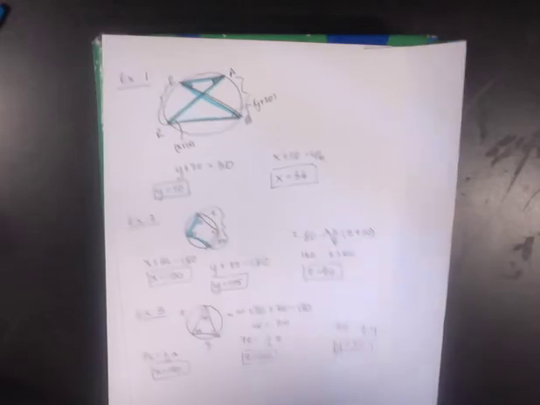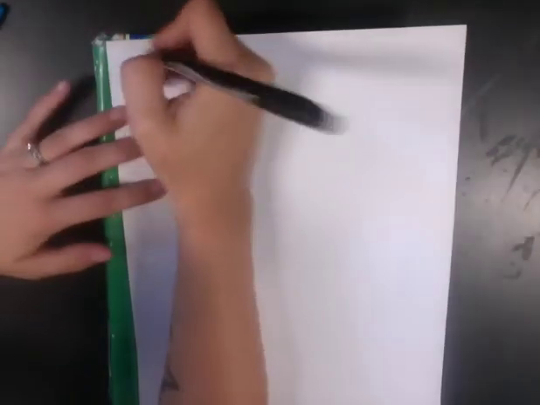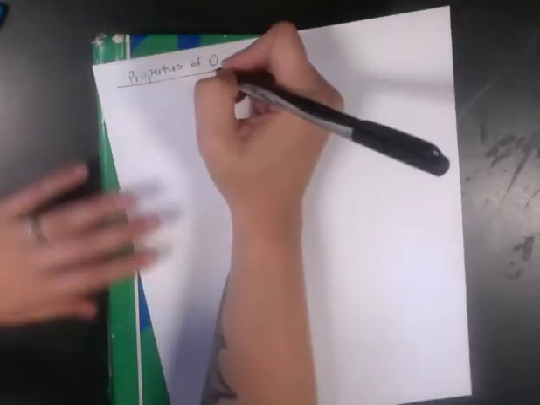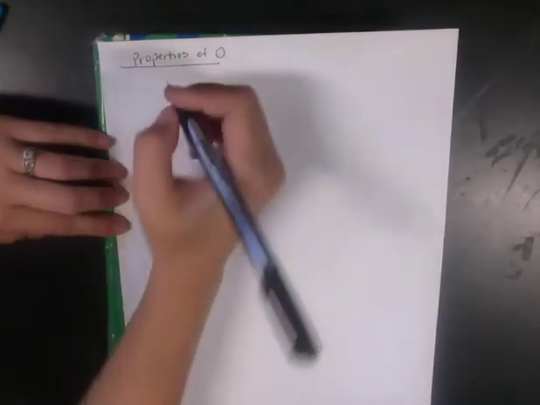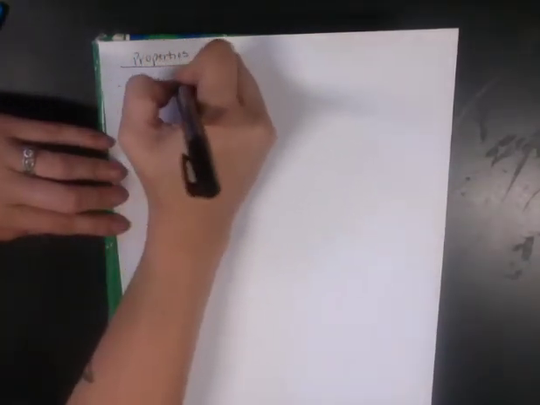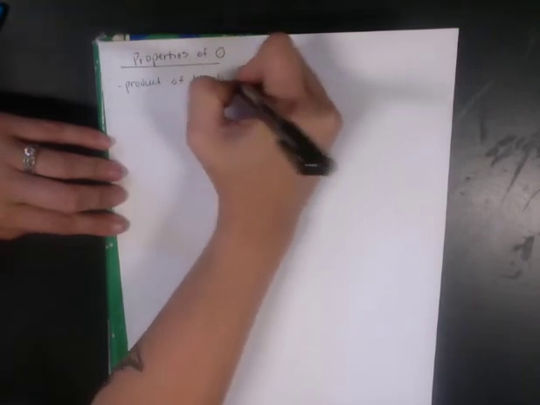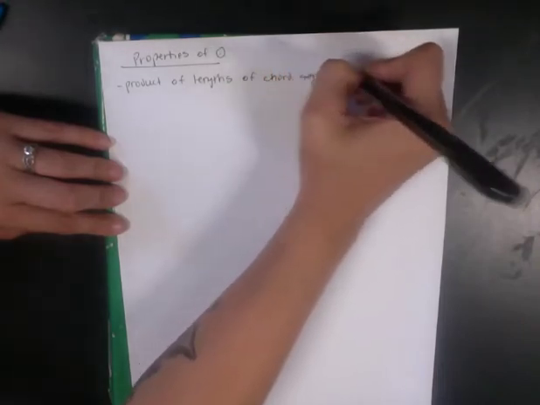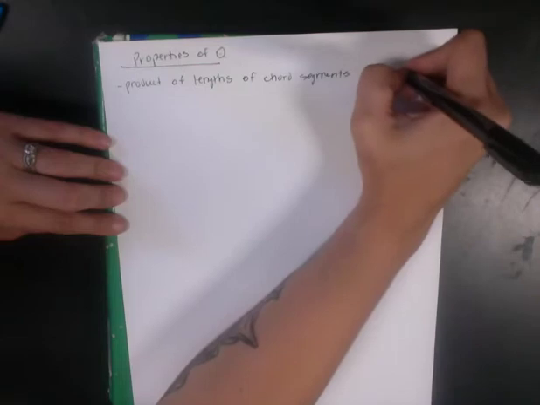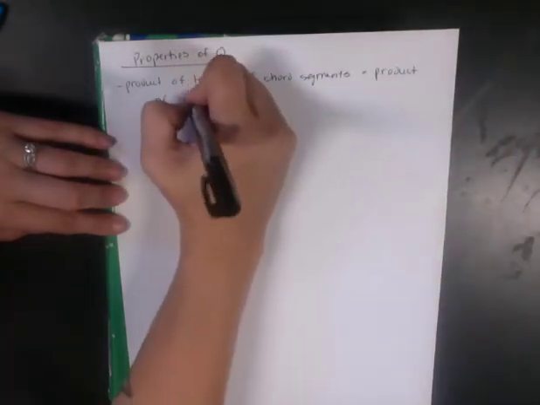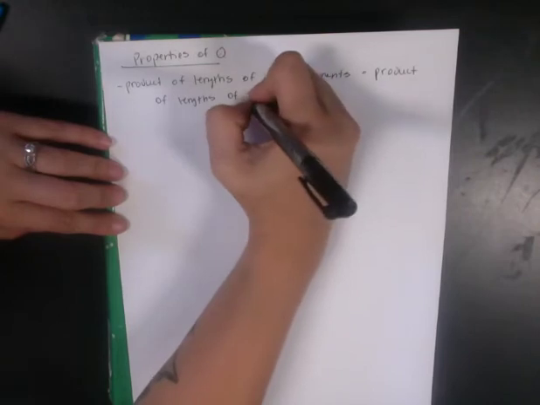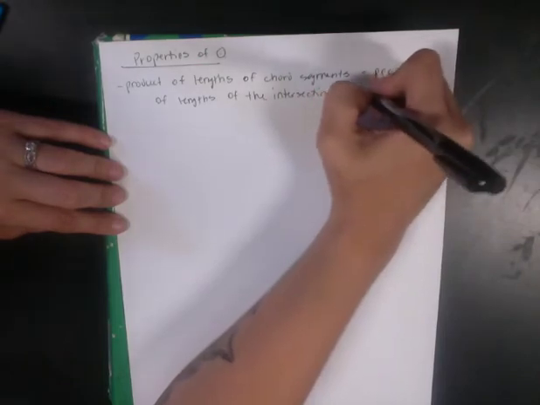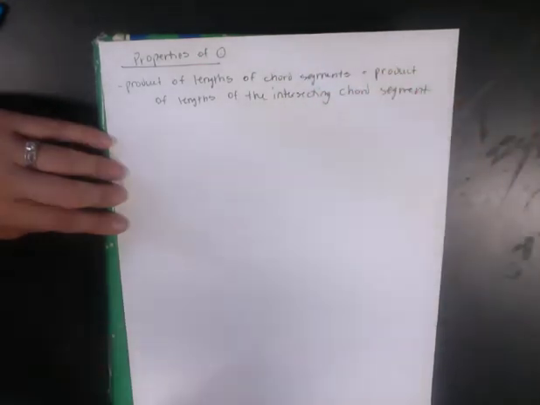All right, let's do some more properties of circles. So, properties of circles. The product of the lengths of chord segments equals the product of the lengths of the intersecting chord segment.